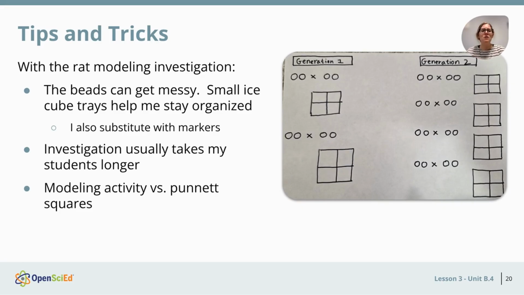And I do like to provide my students an additional graphic organizer that you can see here, just the first couple generations to get them started of where do you place those beads and what the squares are going to look like. And then I like to emphasize for my students, especially the ones that have experience with Punnett squares, that this is a modeling activity and that these boxes, although they look like Punnett squares and we're treating them a lot like Punnett squares, we're not using it as a probability, but instead what the offspring will actually have as their genotype.